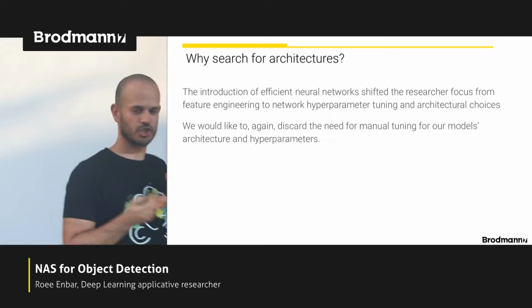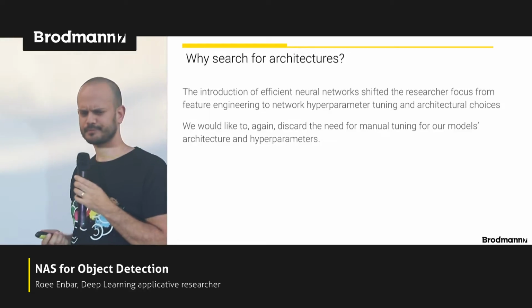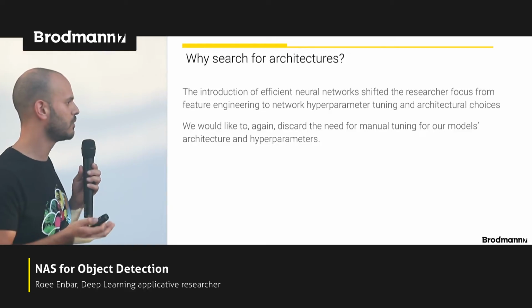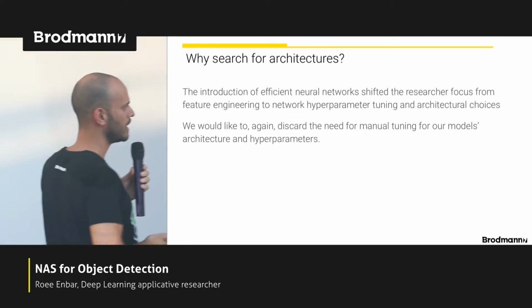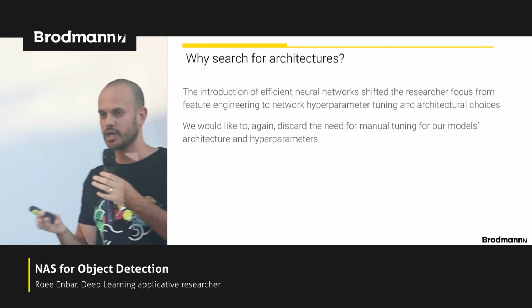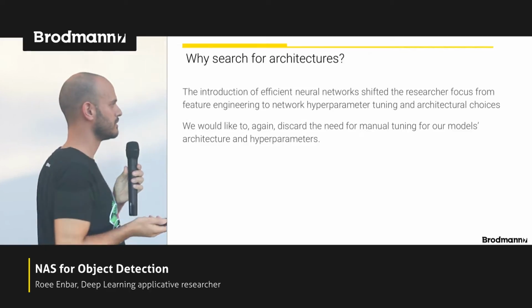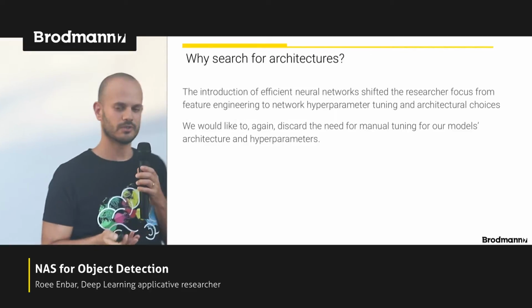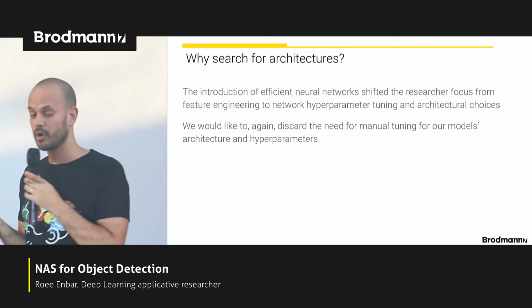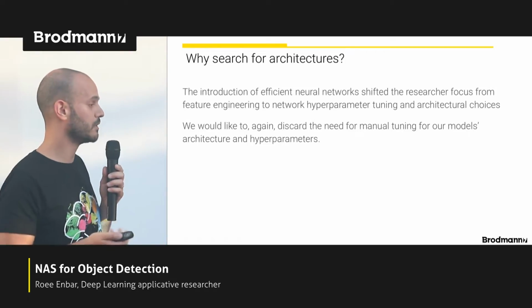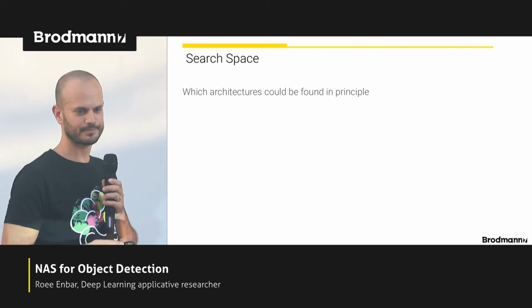So this is the whole regime of machine learning, deep learning. But the focus is now about constructing meta architectures. How do I construct my network? Which layers? How do I connect them? And there is no reason to believe that manually designed architectures are the best ones. So we probably might need to search for the meta architectures as well.